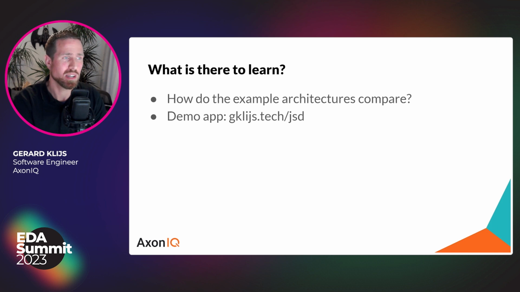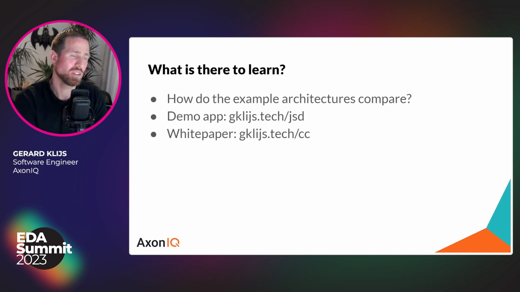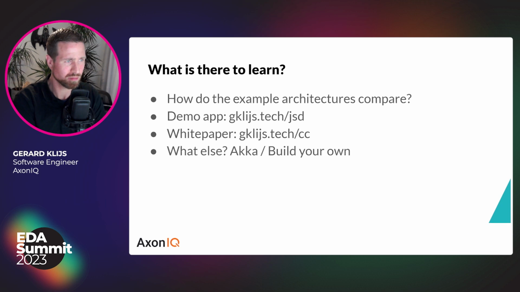There is a demo application. So currently that's only containing the Axon variant. If I have a lot of time, then I might also add the Kafka variant there. There's also a white paper, explicitly about the concurrency control, with some more insights. What else is there?